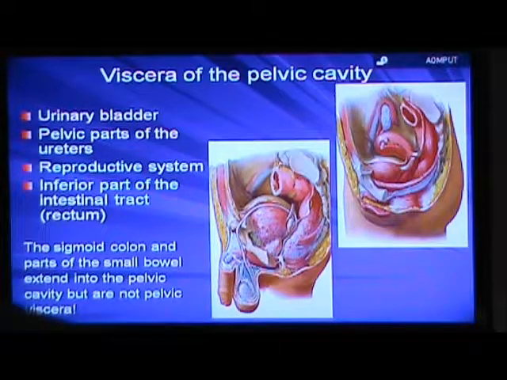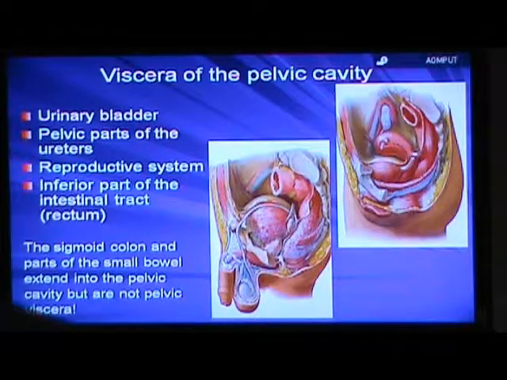So, what organs can we find in the pelvic cavity, the viscera? Viscera means the organs. So, the urinary bladder, the pelvic parts of the ureters, the reproductive organs, and the inferior part of the intestinal tract, so the rectum.